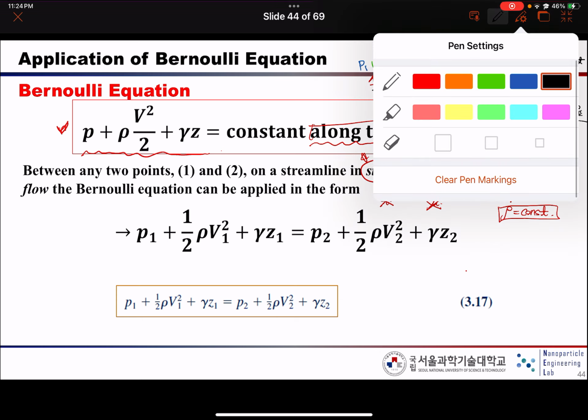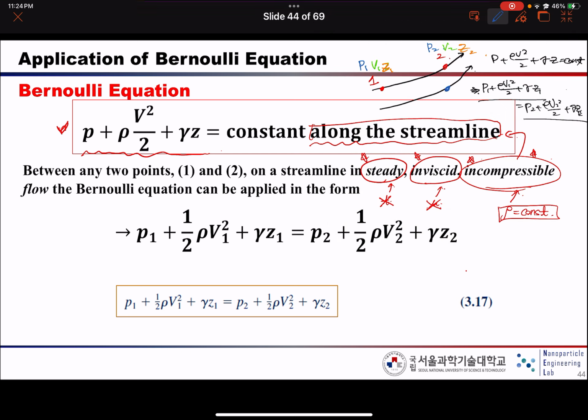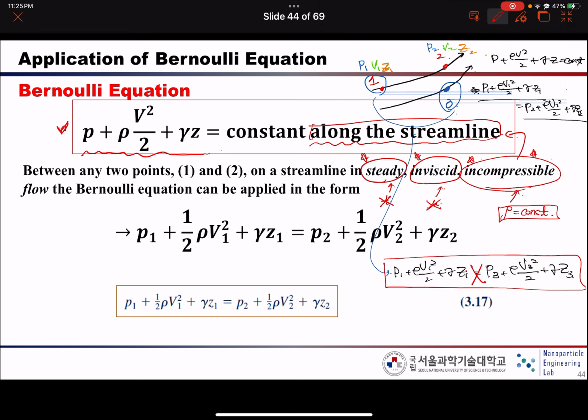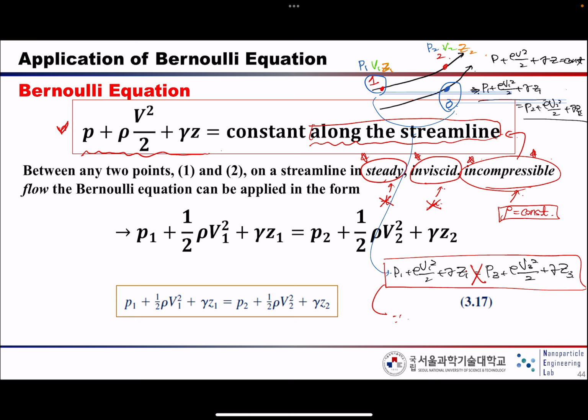Okay, so this is the practical form of the Bernoulli equation. But if you compare point 3 and point 1, this should not be true, because they are not on the same streamline.